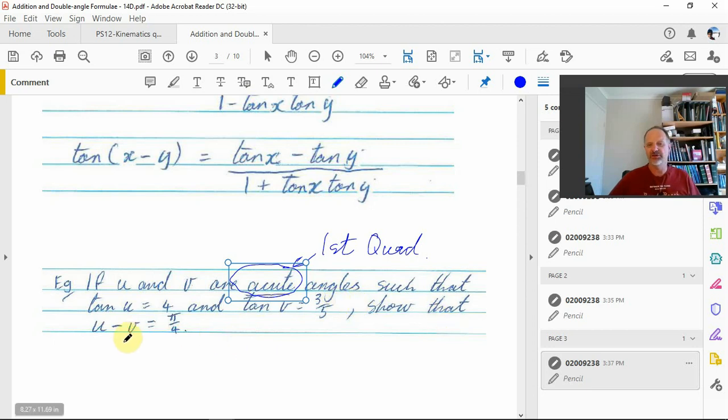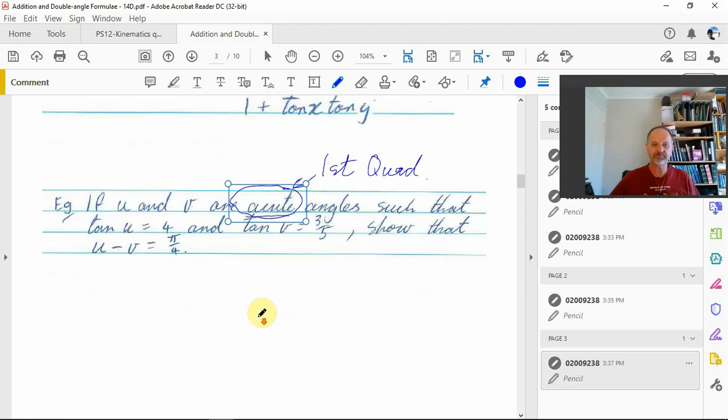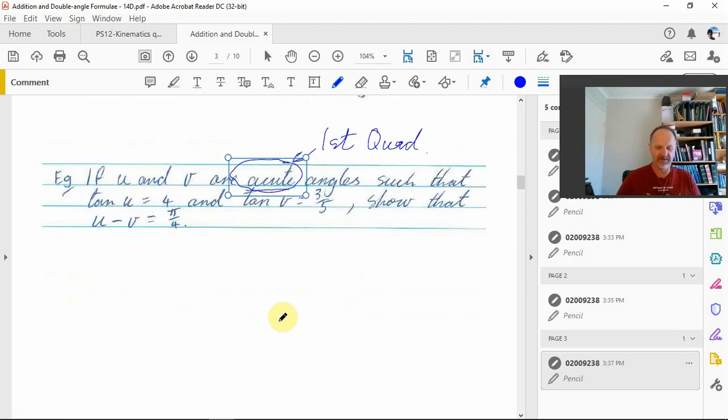And it says show that U minus V equals pi on 4. All right, so U minus V is pi on 4, so what's that indicating for us to use? Tan of U minus V is what it's indicating to us.